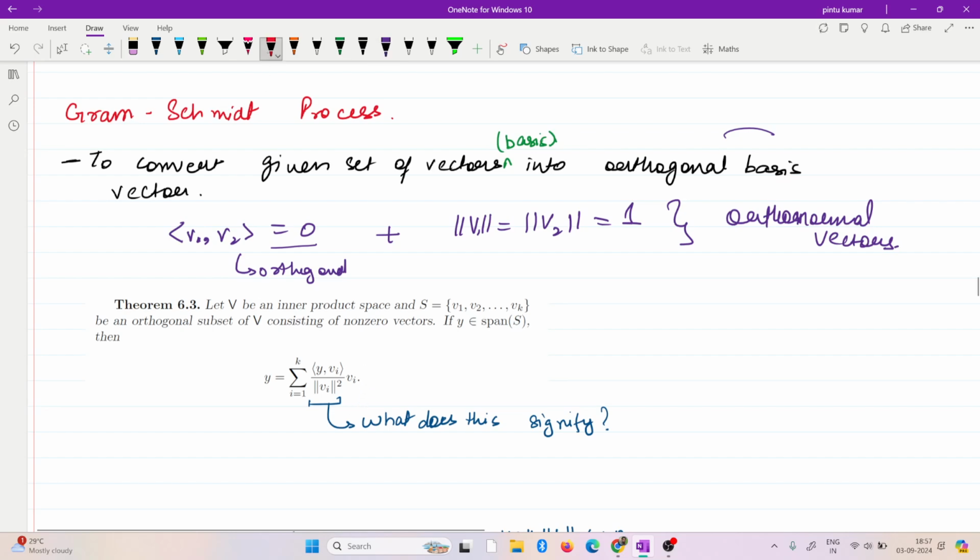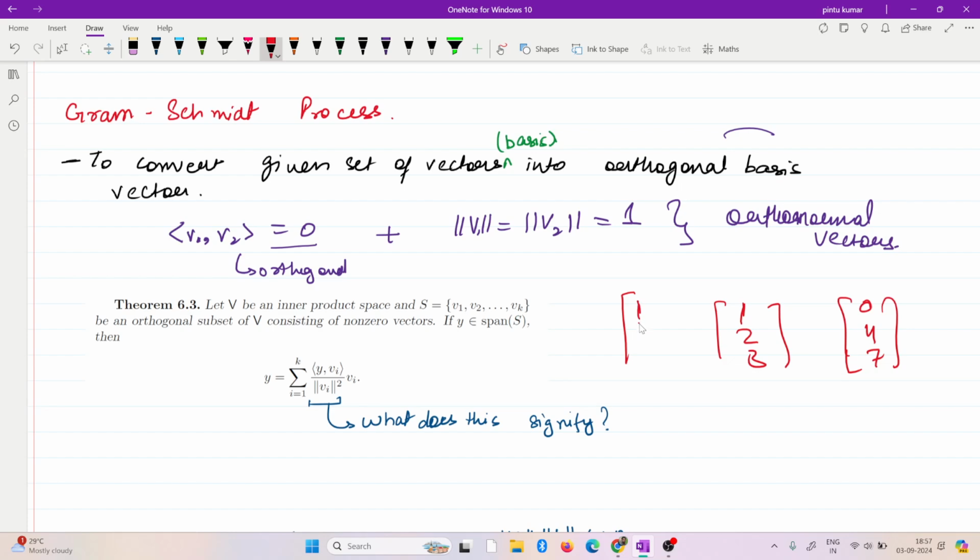Why is it useful? Let's say I give you a random basis: 1, 2, 3 and 0, 1, 0 and 4, 7, and I need one more element, let's say 1, 4, 0. This is a valid basis for R3, so you can write any element in R3 as a linear combination of these three vectors.